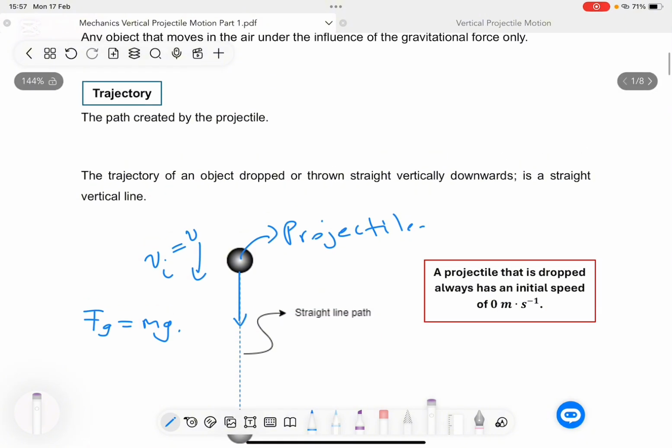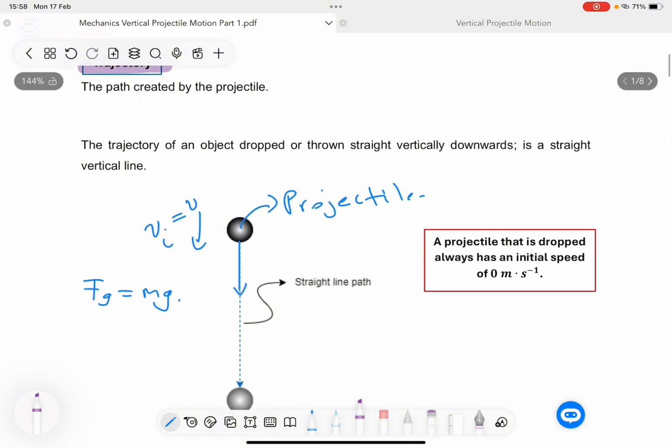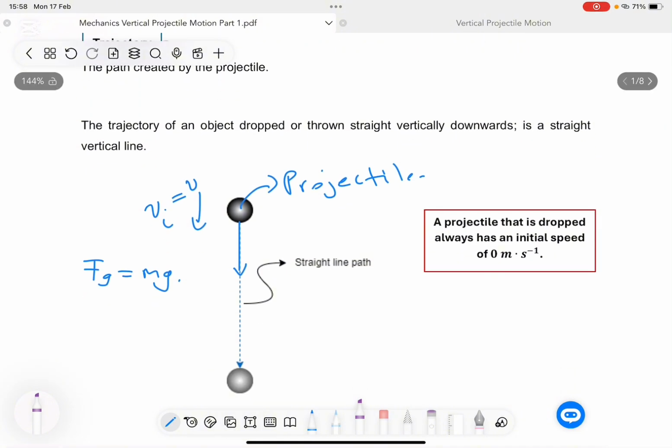We call such a path a trajectory, right? So the path that is followed by the projectile, we say it is a trajectory. This is important because projectiles can move in different ways, and therefore they'll create different paths. In our grade 12 level, we're only going to study 2 types.